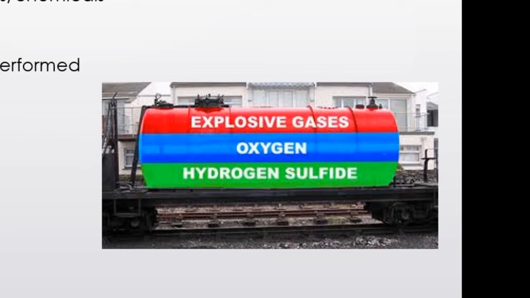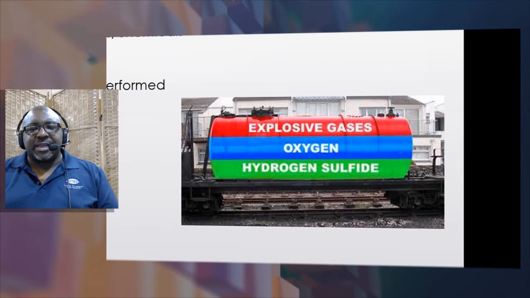If it's lighter than air, you may have heard that term before, then it's going to be higher than where the level of atmospheric oxygen is, and then it is lower than air, heavier than oxygen. Then you're going to have your sulfides that are going to be in the bottom of the actual space.